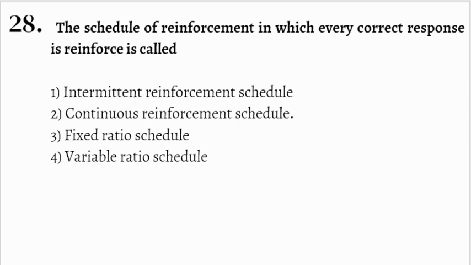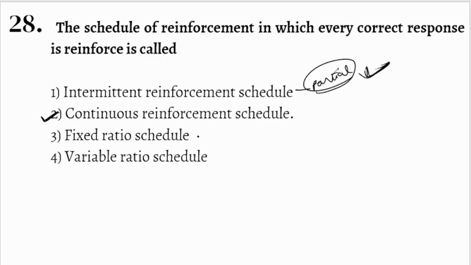The schedule of reinforcement in which every correct response is reinforced. In the continuous reinforcement schedule, each response would be given a reinforcement. In intermittent, it is partial. Not all the correct responses will be reinforced, and partial works even better.